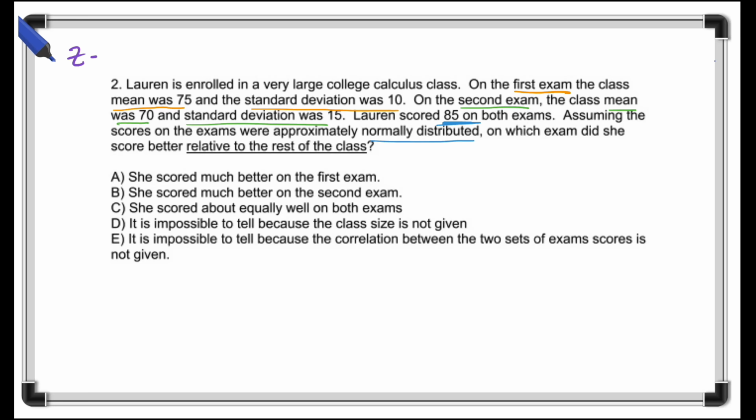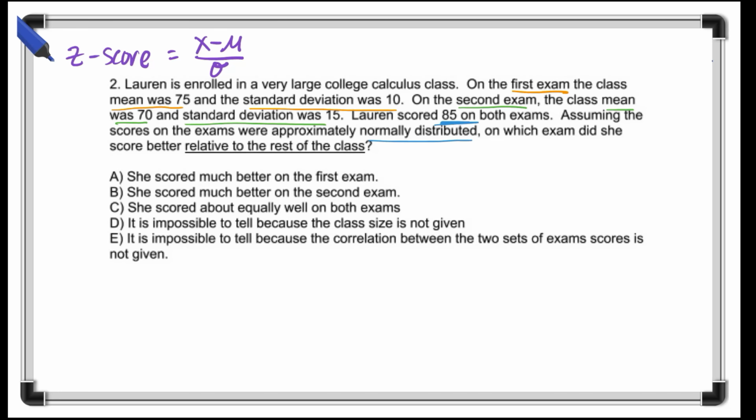So remember, the z-score is sort of telling you the direction and the number of standard deviations that this value is from the mean. So to calculate the z-score, we have a formula. It is the value minus the mean over the standard deviation. Okay, so on the first exam, the z-score is the value, so that's 85, minus the mean over the standard deviation, which is 1.